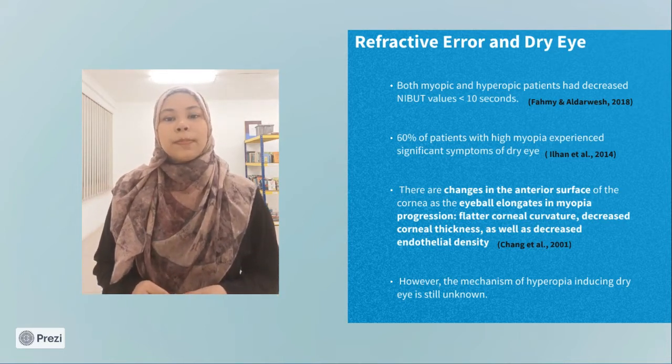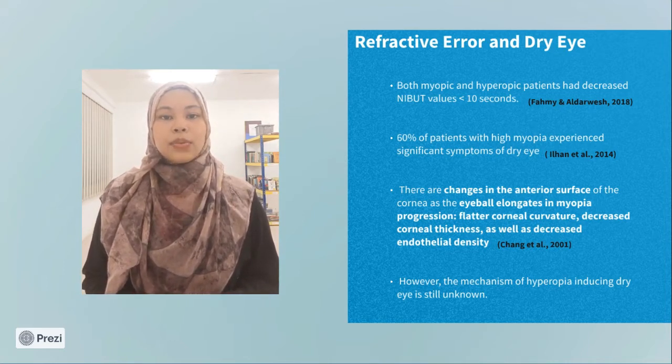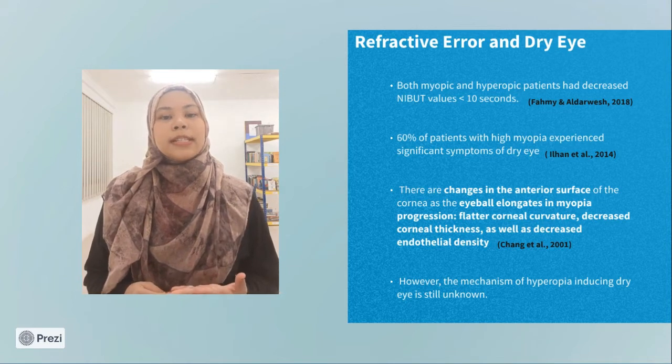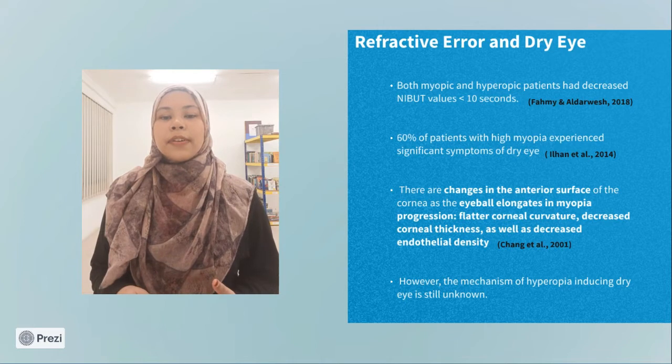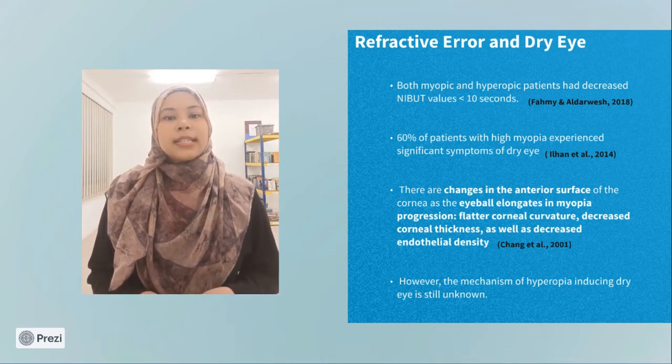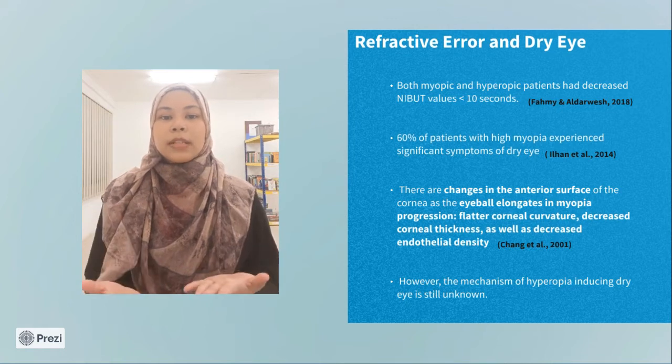Moreover, it is also supported by the study from Ilhan et al., 2014, which found that 60% of patients with high myopia experienced significant symptoms of dry eye, indicating that they had ocular surface irritation. This suggests that there is an association between refractive error and dry eye symptoms.